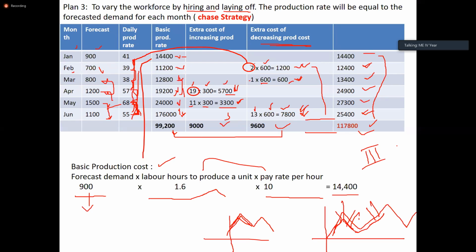Okay, absent. Roll number 61, absent. So I'm writing here. Roll number 55, absent. Roll number 71, no response, absent.